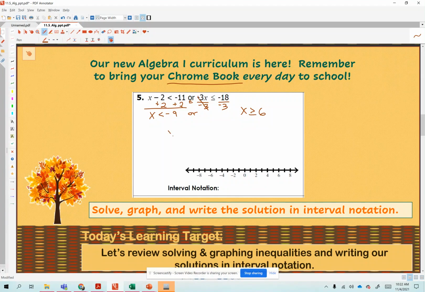So final answer, x is less than -9, or x is greater than or equal to 6.